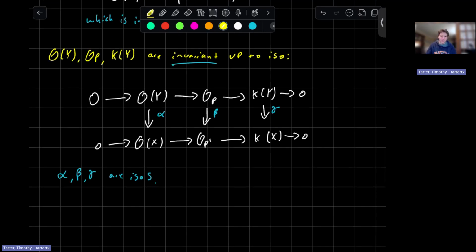Again, don't worry too much about the commutative diagram here. It does commute nicely. This is something that we're going to show later on when we deal with a little bit more homological algebra.